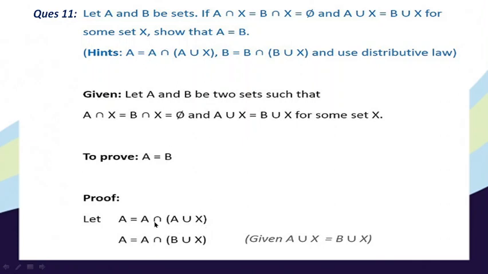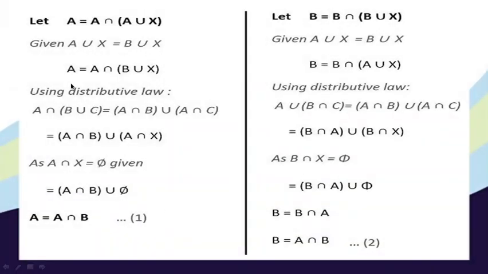If A is equal to A intersection (A union X), we can replace A union X with B union X because they are both equal. It is given in the question. After that, we can apply the distributive law. If we apply the distributive law here, we open the bracket this way: (A intersection B) union (A intersection X).